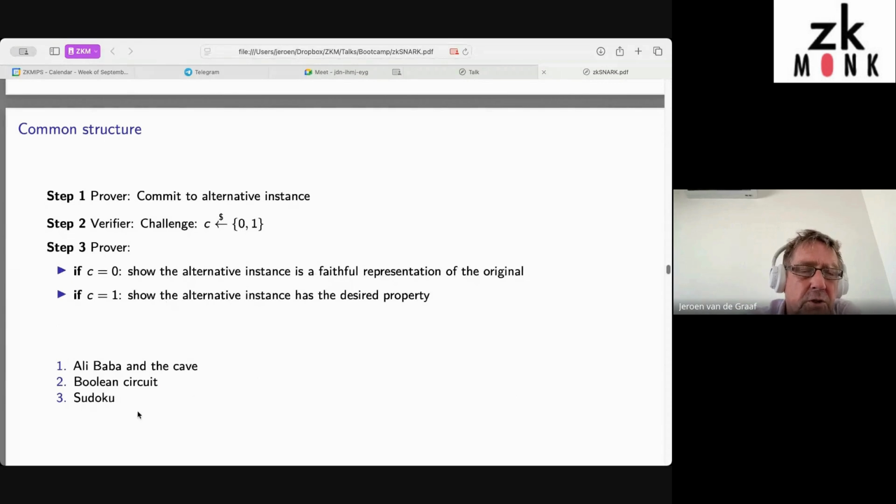You also may have heard of Sudoku solutions. It follows a very similar structure in the sense that you also produce a permuted instance and you commit to it, but the challenge is a lot more complicated, because in the case of Sudoku, there are many more properties that you need to verify.